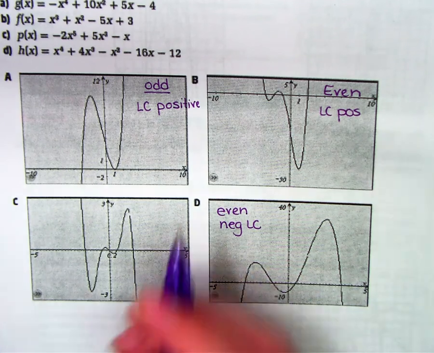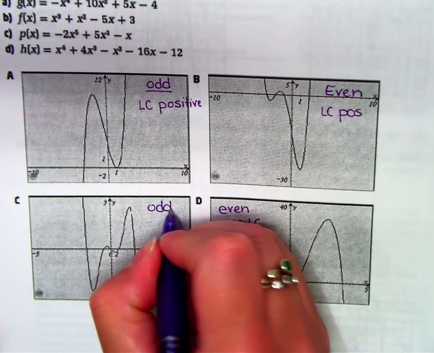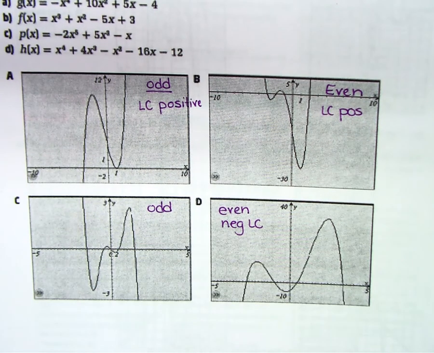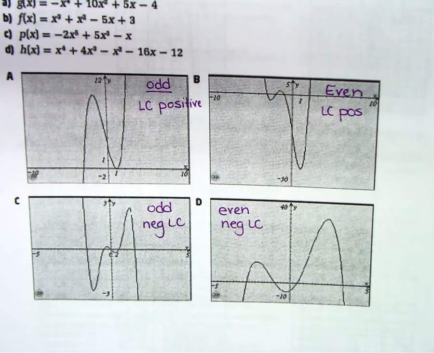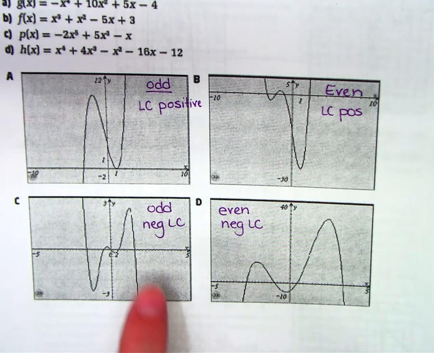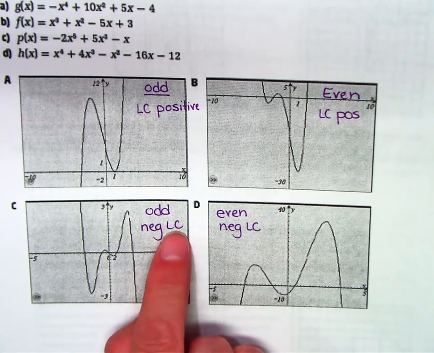Okay, so now let's look at C. C is odd. And now it's 2 and 4, so the leading coefficient is negative. So just by looking at those graphs, we can decipher some stuff. So odd, and it's going to be a negative leading coefficient.